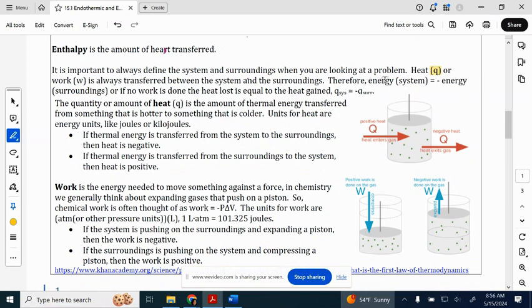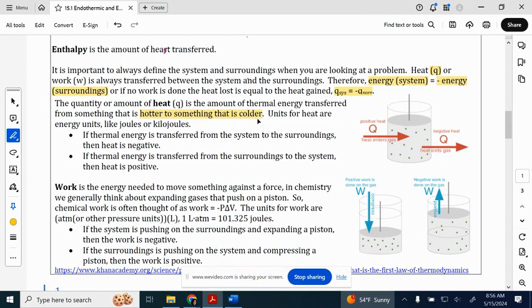So this would have been an example of that alcohol, where you had the energy of the system, which was the alcohol and water mixing together, and then you had energy of the surroundings, which it was going into. If no work is done, the heat lost is equal to the heat gained.